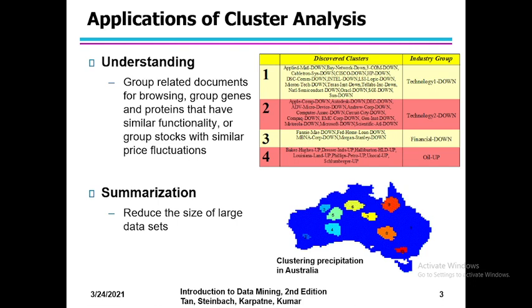Similarly, if you query for stocks more than 1000 rupees, it will identify those prices and give them. For all those things, the technique behind it is cluster analysis only.